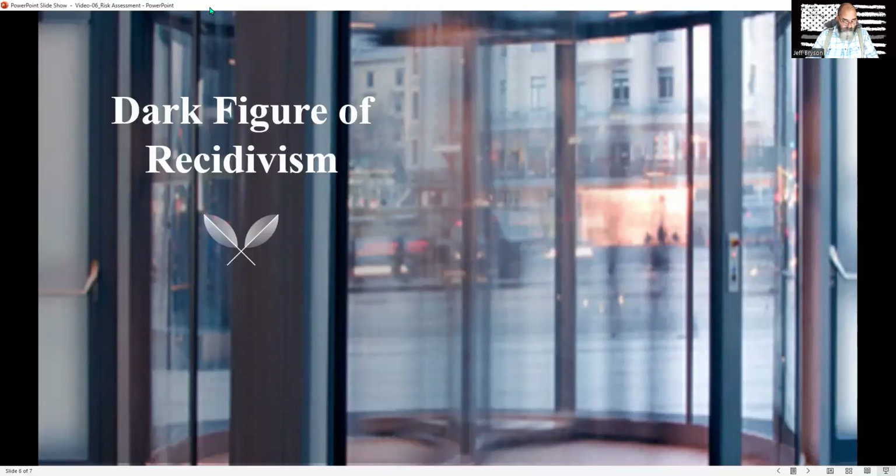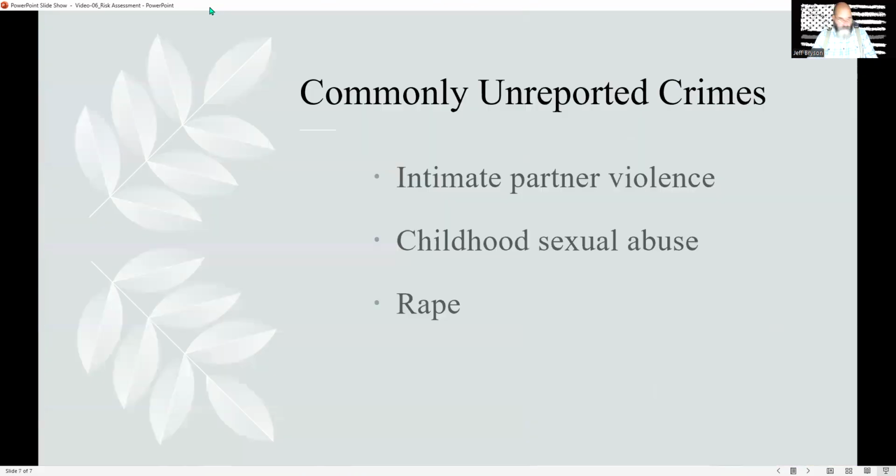Because there is an understanding in the criminal justice world that certain types of offenders have low recidivism rates. One such category of offenders is child sex offenders. The conventional wisdom with professionals who specialize in this area is to accept the data on these low reoffense rates. However, it is important to acknowledge that intimate partner violence, rape, and child sexual abuse are among the most commonly unreported crimes.